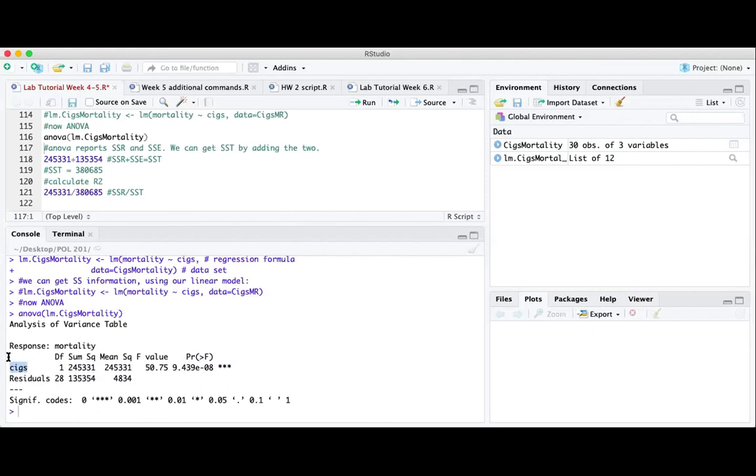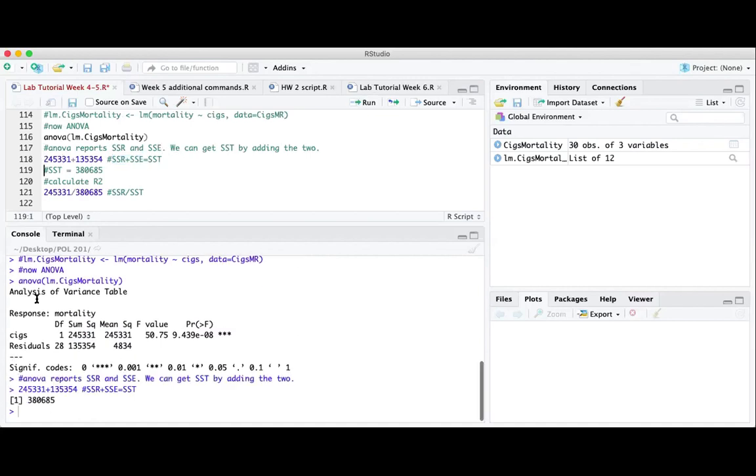So this is SSR right here. And when you do ANOVA, it gives you SSR and SSE, but it doesn't give you SST, right? But of course, we know that SSR plus SSE is equal to SST. So we can do this calculation to find what the SST value is.